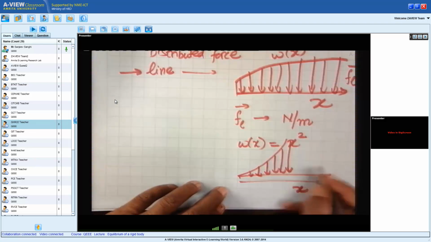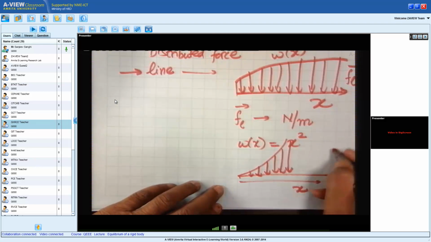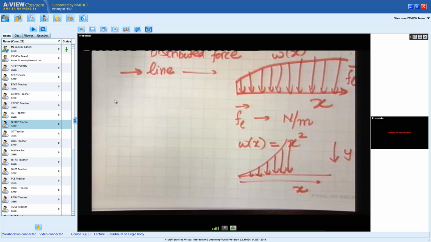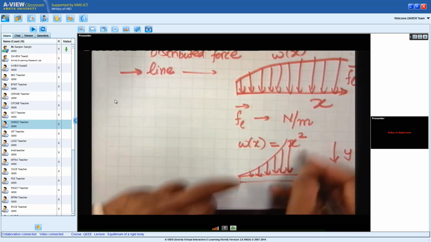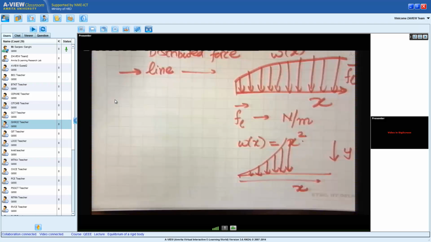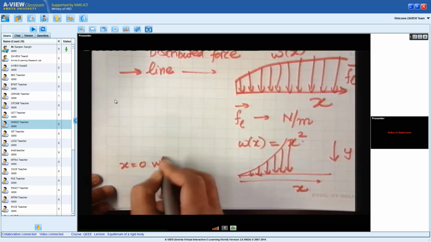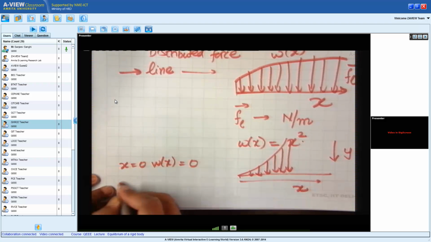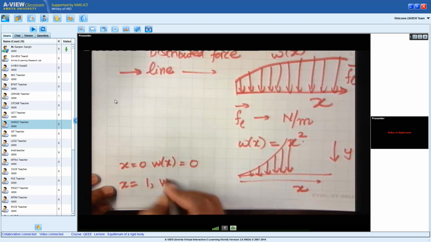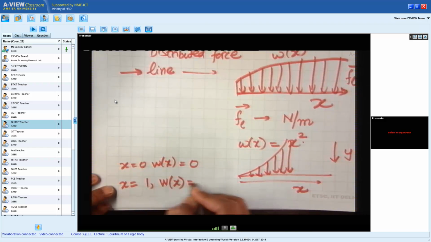Now here, if I say this is x square, that means I am choosing my y direction like this. It's downwards. The force is acting along the y direction and it is equal to x square. Now what does this mean? That it is varying in a quadratic way. At x is equal to 0, W of x is equal to 0. At x is equal to 1, W of x is equal to 1.